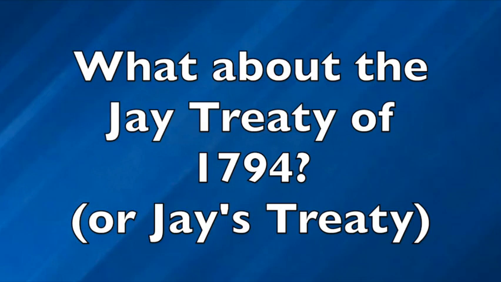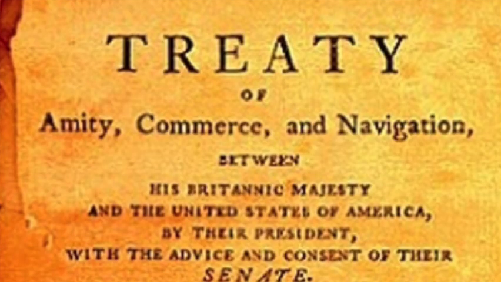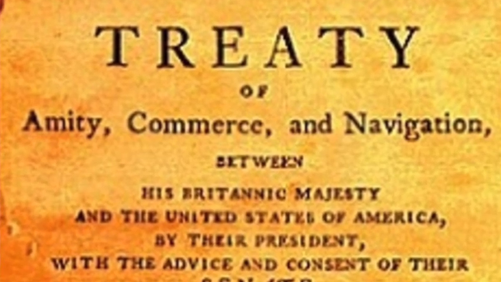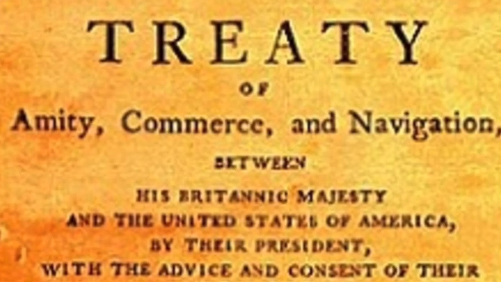What about Jay's Treaty, and how did it fit into Washington's foreign policy? The Jay Treaty of 1794, officially known as the Treaty of Amity, Commerce, and Navigation between the U.S. and Great Britain, was crucial in addressing ongoing tensions with Britain.